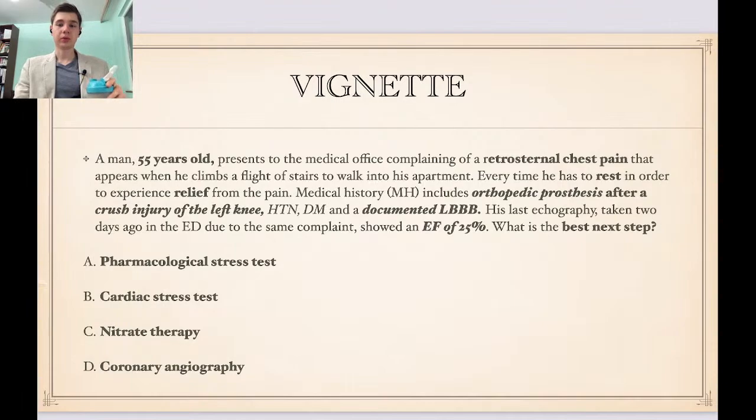Okay, so indeed he cannot run, but at the same time he has a left bundle branch block, meaning that any EKG stress test is out of the question. More importantly, he has a low ejection fraction, so any other stress on his heart won't be sustainable.